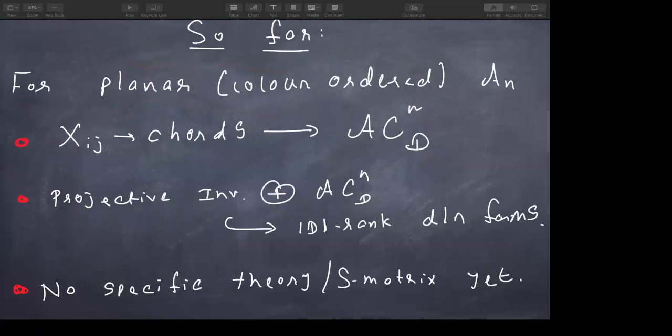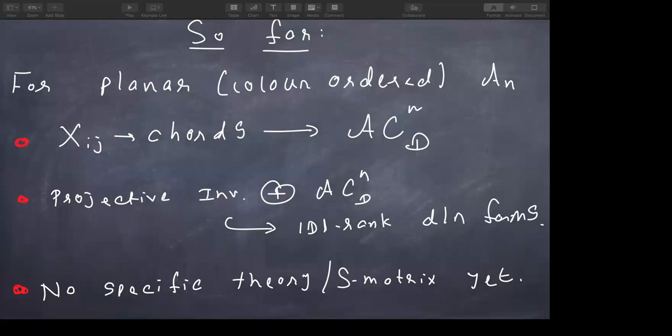So let me summarize what we have so far. For planar kinematic space, I mean, we haven't really looked at amplitudes, but for planar data, we went from the Xij variables to chords of an n-gon, and from these chords we generated these combinatorial objects.